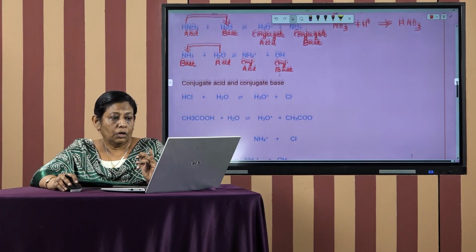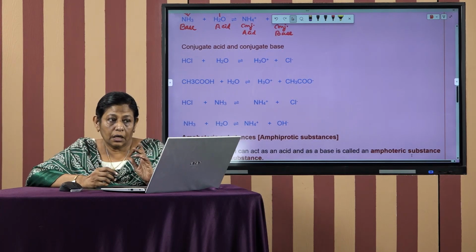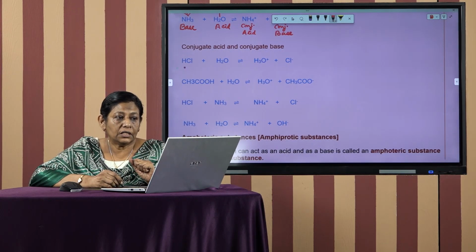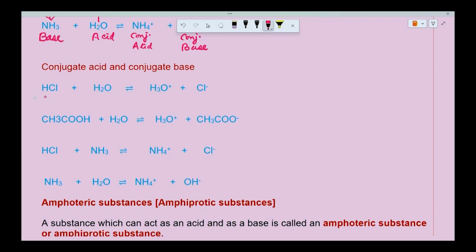Okay. Now, let us go to the conjugate acid and conjugate base pairs. When HCl is added to water, you have H3O plus and Cl minus. HCl donates a proton to water, and therefore, this will be the acid. Water will be acting as a base because it accepts a proton, and H3O plus becomes the conjugate acid, and Cl minus, which is capable of accepting a proton, will be a conjugate base.